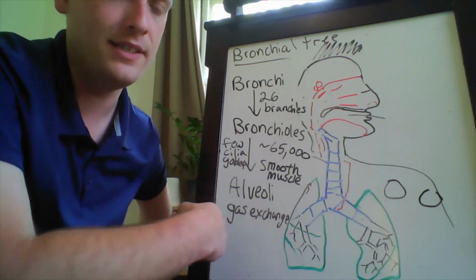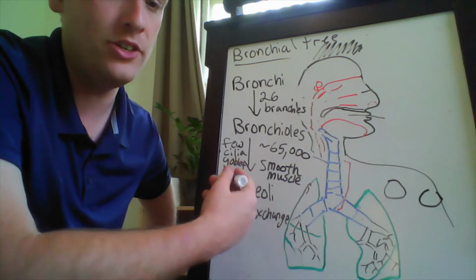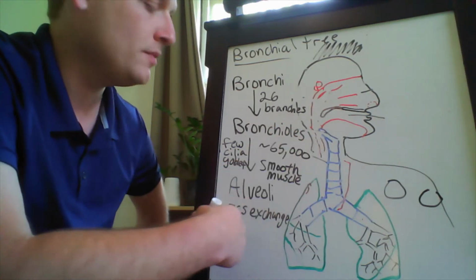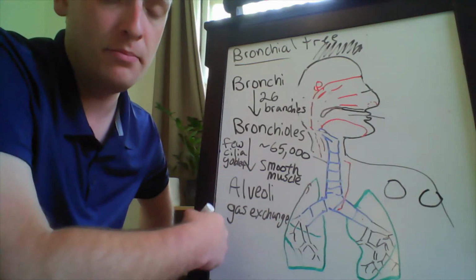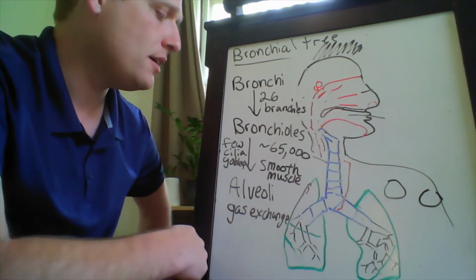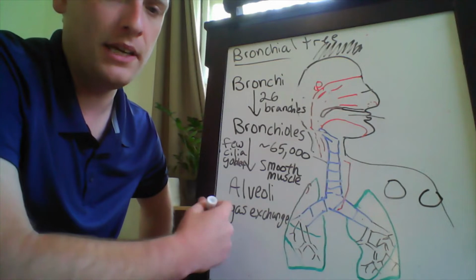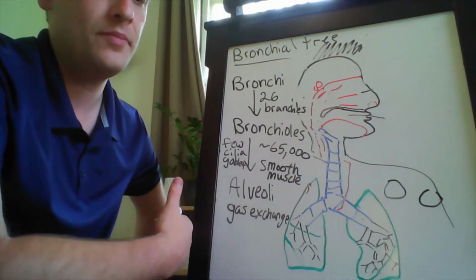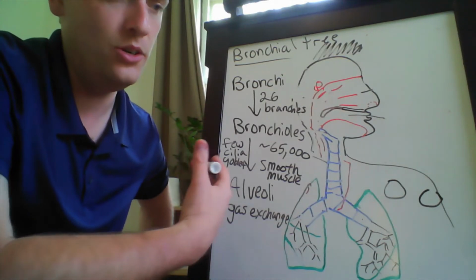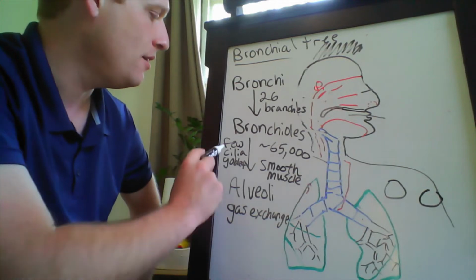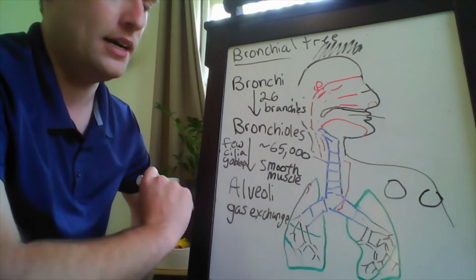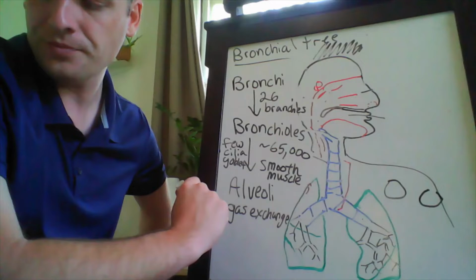Most of the dust, the debris, the pathogens that you might be inhaling have been mostly filtered out by this point. Now we're getting to the place where we're really thinking about getting gases into and out of the bloodstream. So you have much fewer cilia and goblet cells.